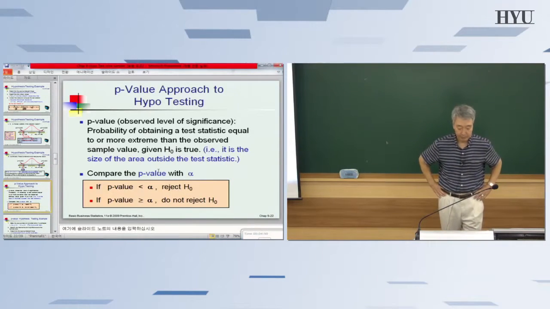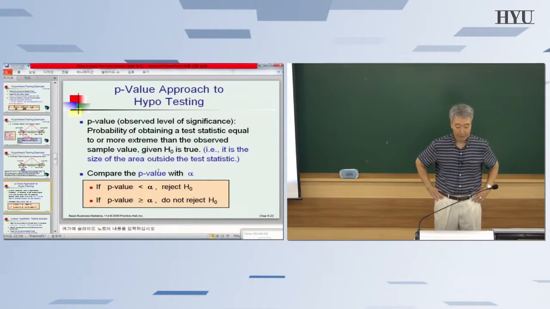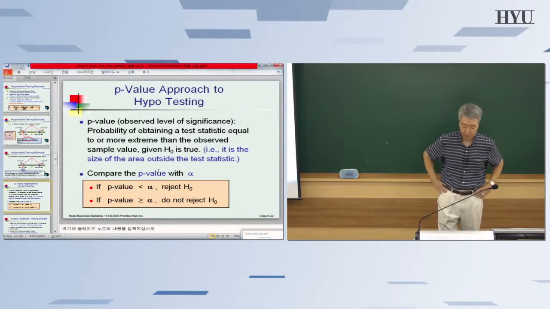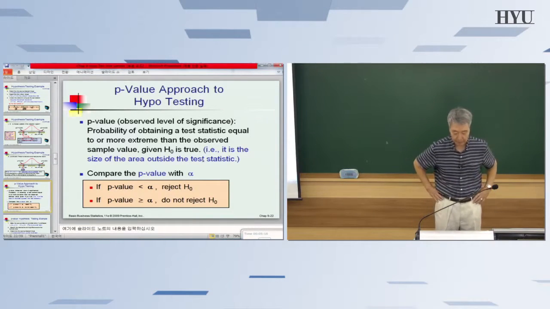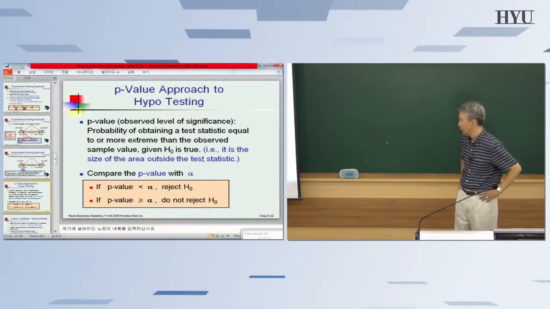The definition is the probability of obtaining a test statistic equal to or more extreme than the observed value. But forget about that definition, it's a little confusing. What I prefer is this statement written in blue: the p-value is the size of the area outside the test statistic. You can just remember that, it's a lot easier to understand.